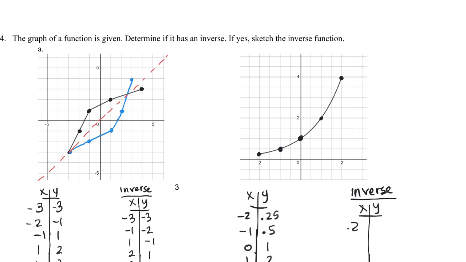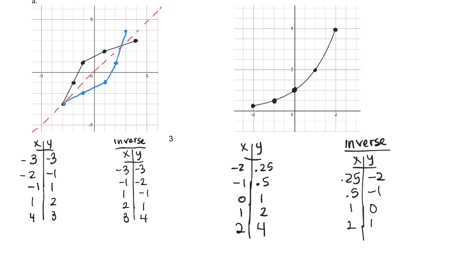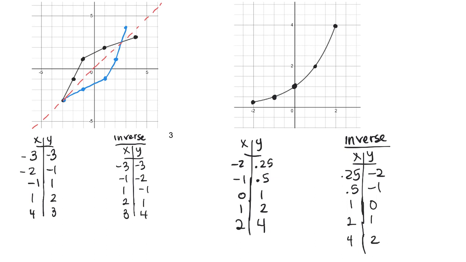So then you would switch the place of x and y. So 0.25, -2 is going to be right about there. 0.5, -1, 1, 0, 2, 1.